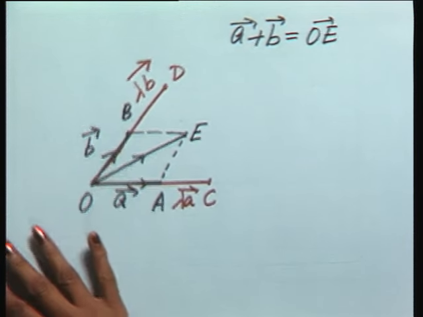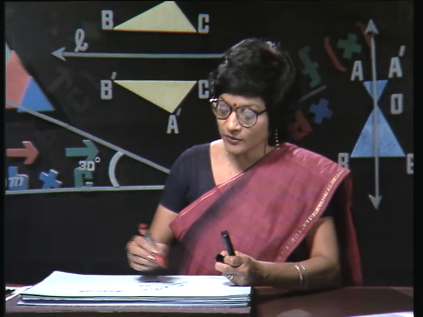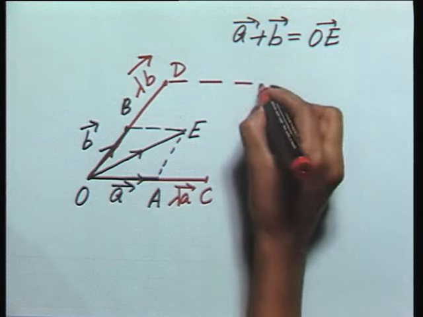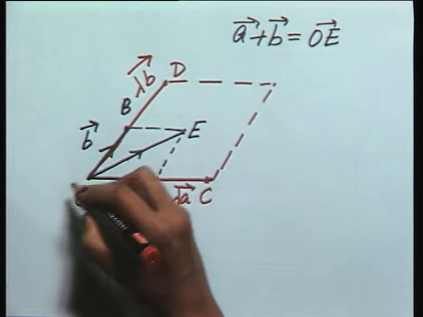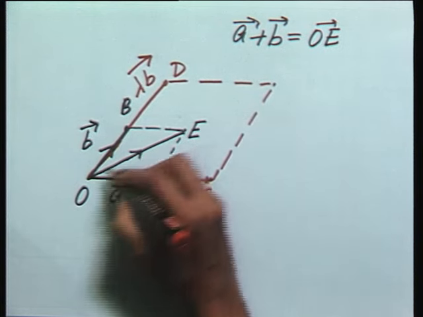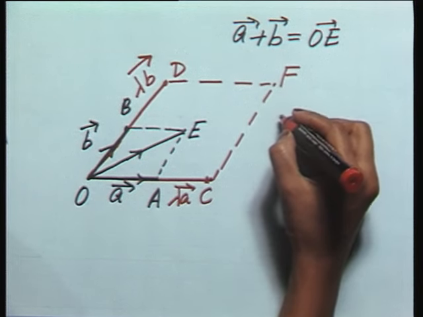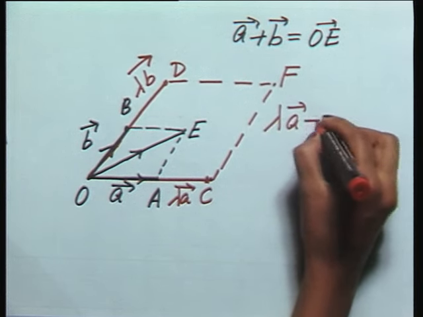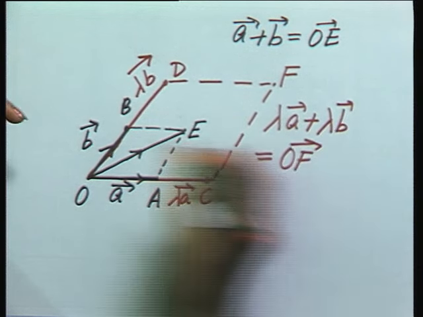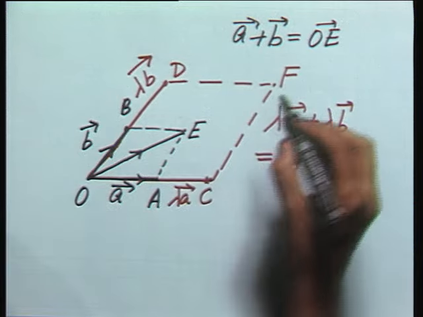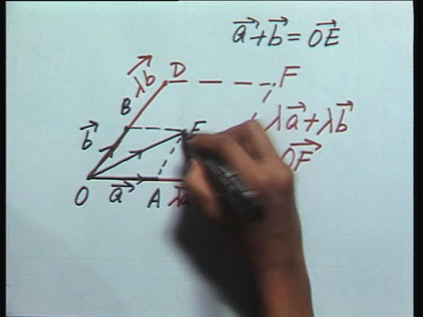And similarly, we complete the larger parallelogram with sides OC and OD, and the diagonal of that parallelogram, that is OF, let us call it, will be the vector lambda A plus lambda B. It is very easy to see naturally that this diagonal OE will be part of the diagonal OF.